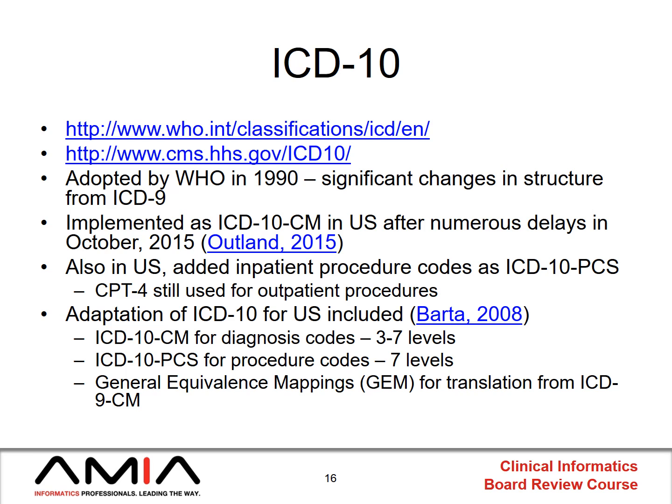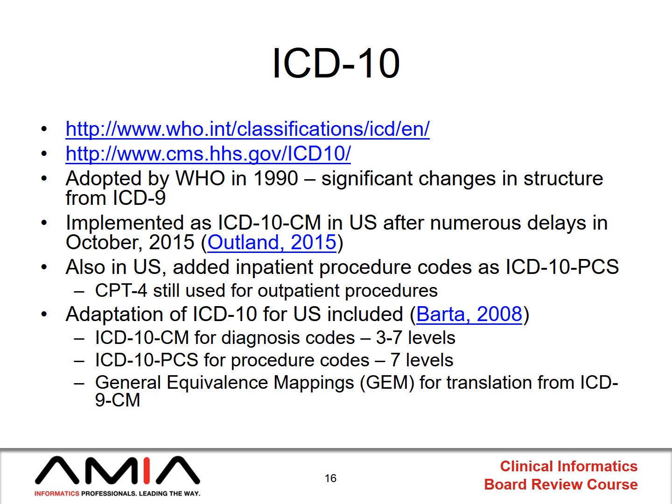And it was adapted in the US as ICD-10-CM, and after numerous delays from 2011 through 2015, it was finally adopted in the United States in October of 2015. Also at that time was the release of ICD-10-PCS, which added procedure codes, mostly inpatient-based, with CPT-4 still used for coding outpatient procedures.